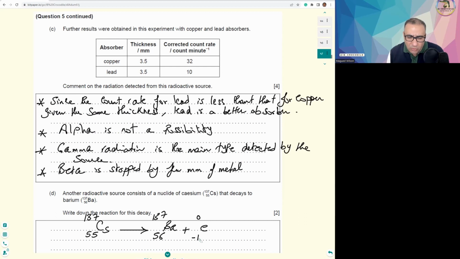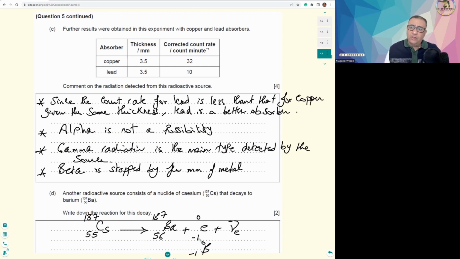So obviously this is beta minus decay. You can write it like that, or you can write beta minus and 0. And since it is a beta minus decay, it is always associated with an anti-neutrino. So anti-neutrino, you have to write the bar, and maybe sub e. You can leave it like that, or put 0 and 0, it's up to you. But this is basically the reaction.